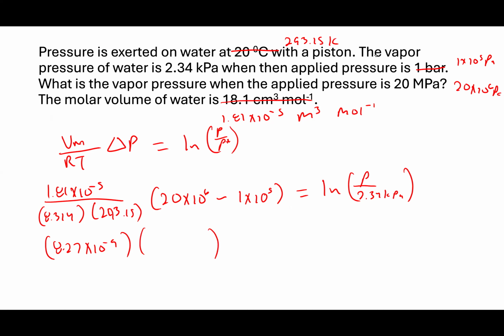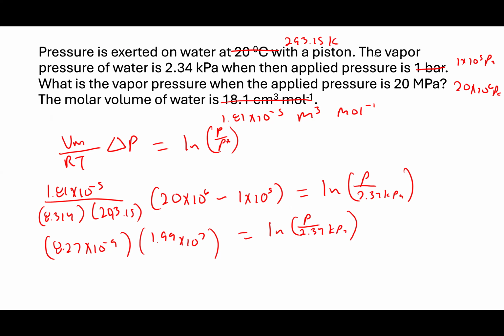Our delta P is going to be 20 E6 minus 1 E5, which is going to be 1.99 times 10 to the seventh, because 20 times 10 to the sixth is 2 times 10 to the seventh. And all that is going to equal the natural log of P over 2.34 kilopascals.